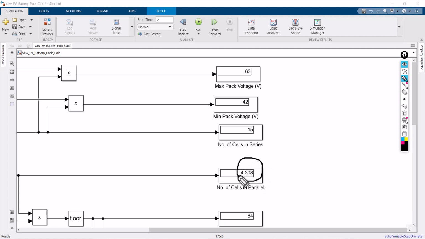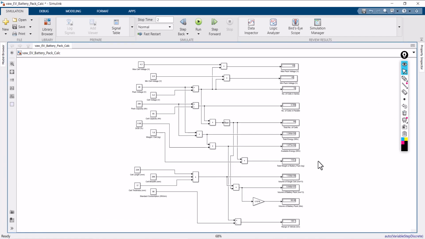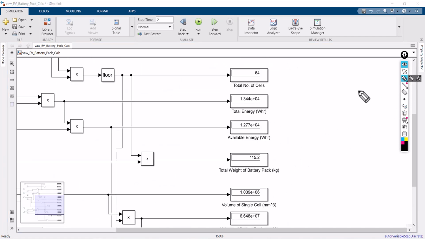I cannot take the value 4.308 and make calculations, because the total number of cells completed is 4. That's why in this case I took the floor value of the total number of cells.